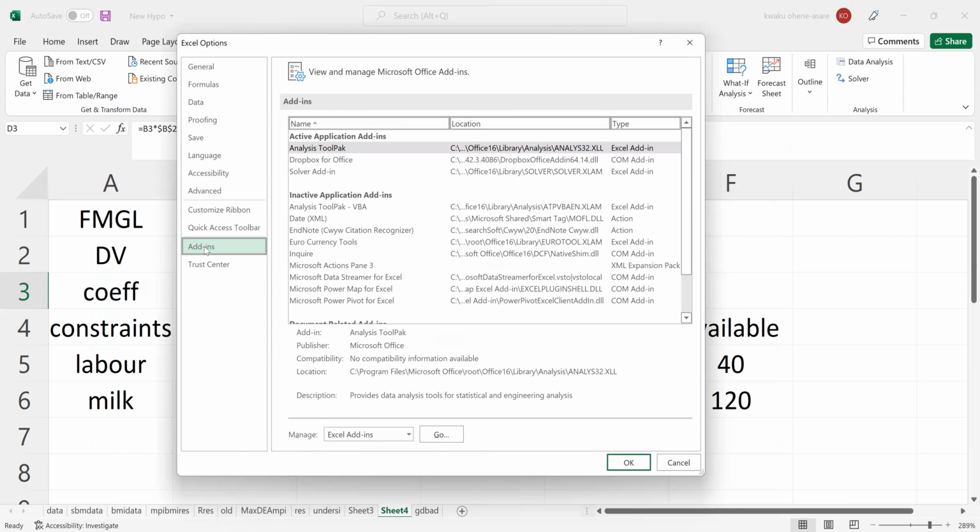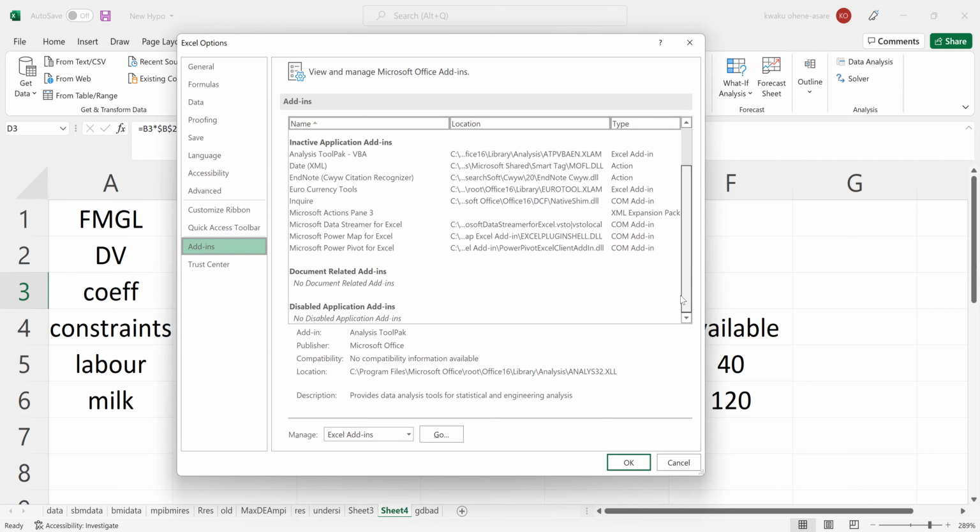The Add-ins page will show on the right. There you will see active application add-ins and inactive application add-ins. Your Solver will probably be in the inactive list. Look for it down there.